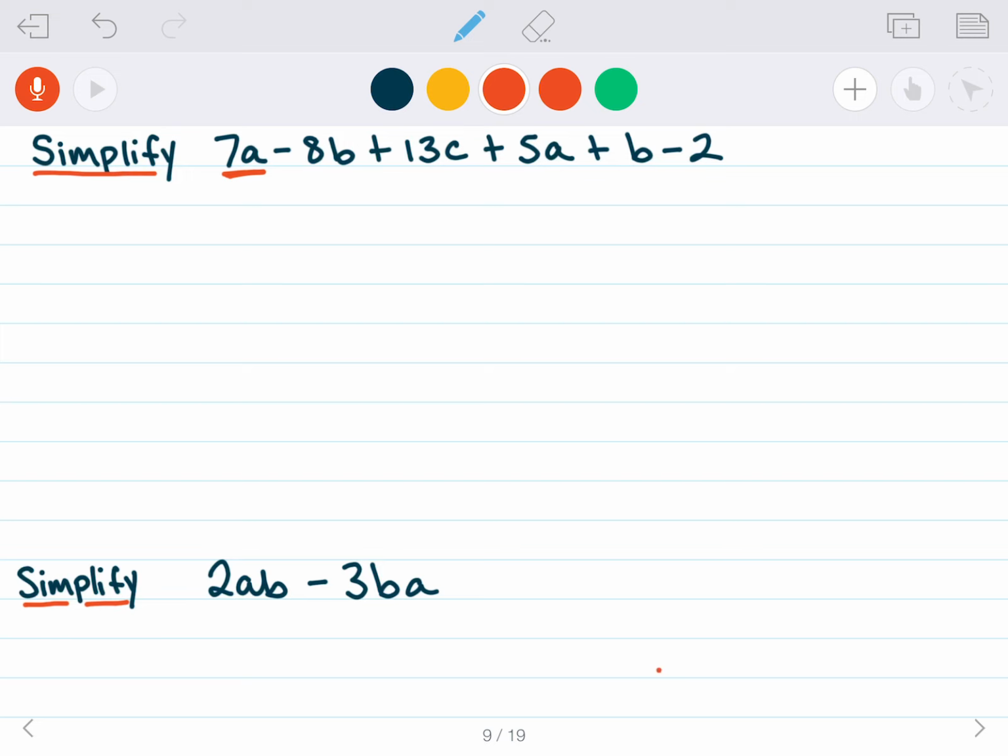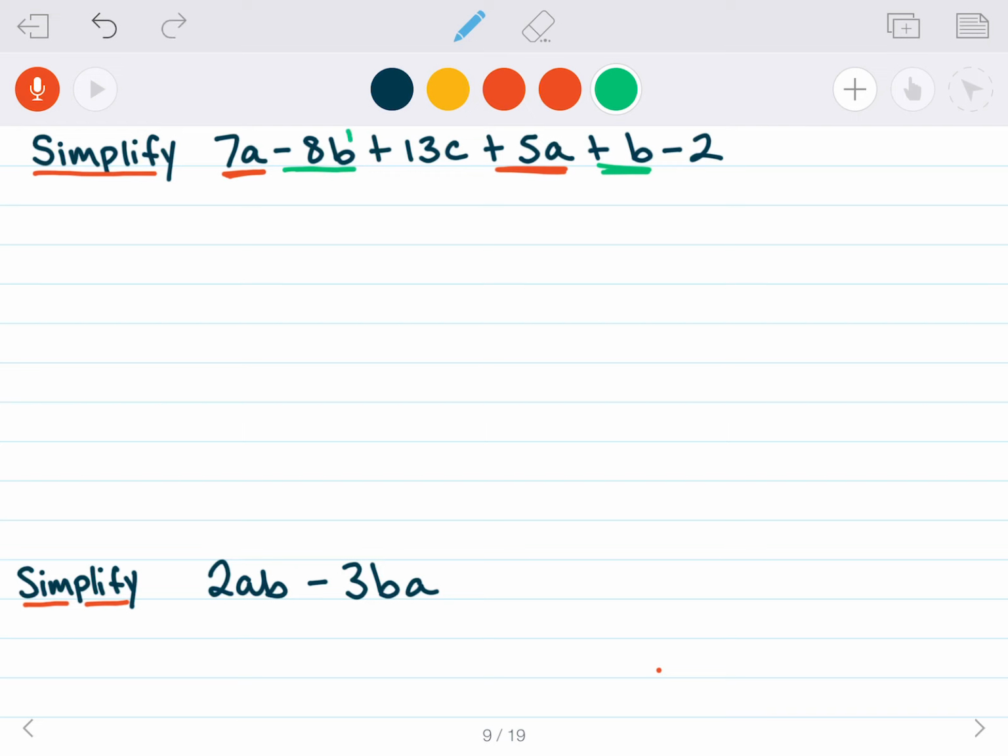Well, yeah, that's going to be this guy right here, positive 5a. That's it. All right, now we move on to b. So here I have a negative 8b, and over here I have a positive 1b. Those are like terms because they have the same variable b and the same exponent on the variable, 1.